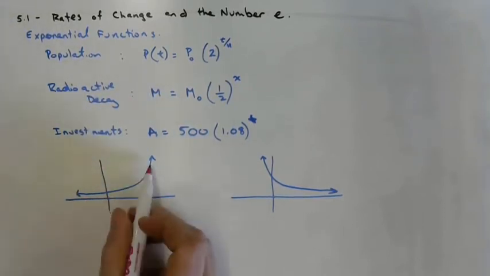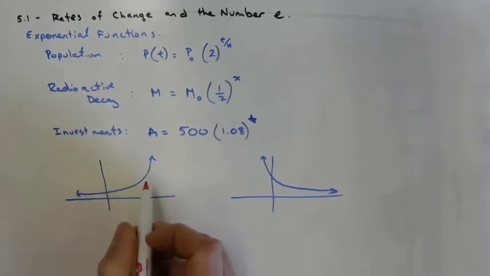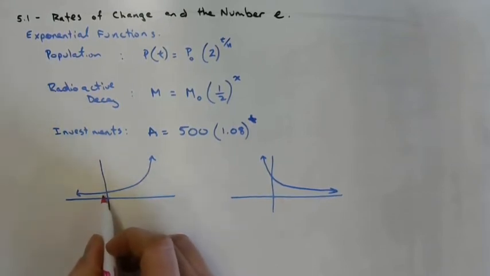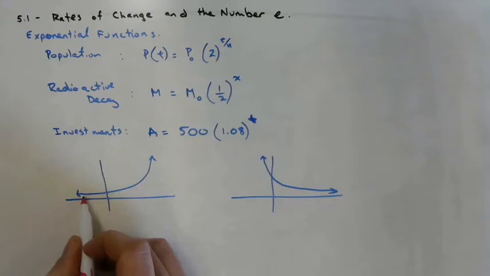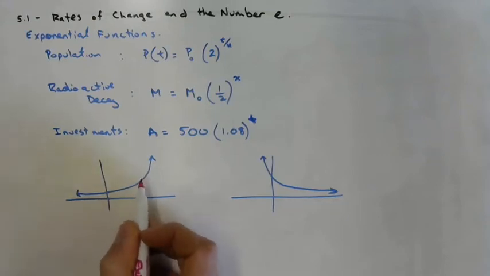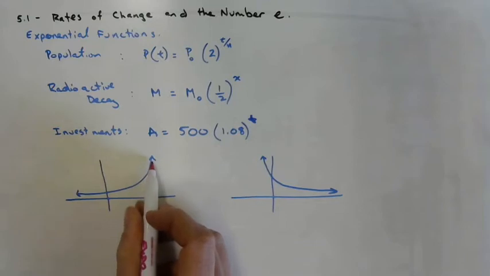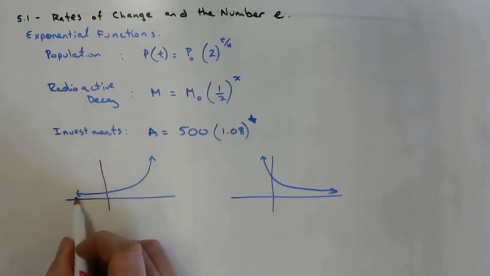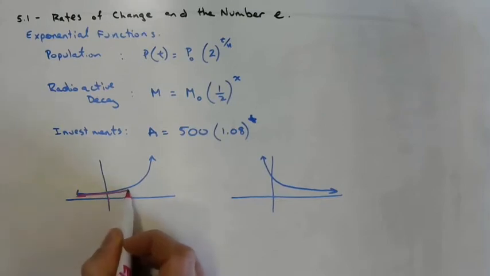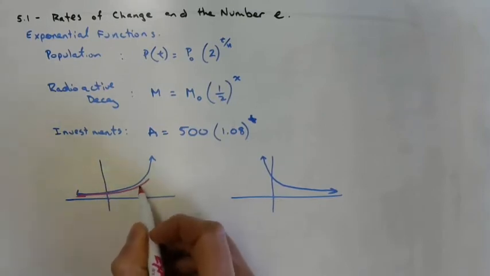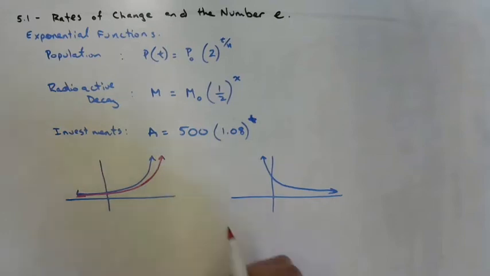If we take a look at this exponential growth function here, and we're talking about the slope, we can see the slope is always positive, and the slope is always increasing. It turns out that the derivative function of an exponential function ends up being another exponential function.